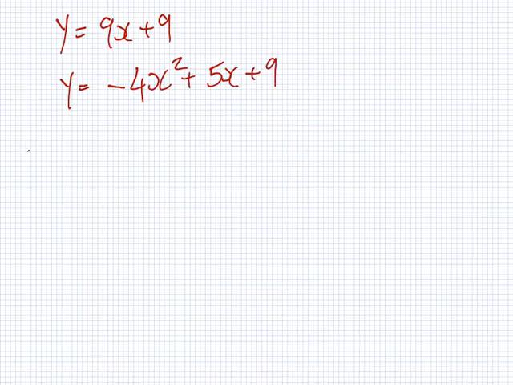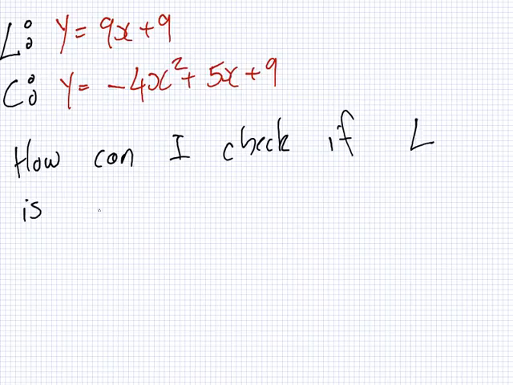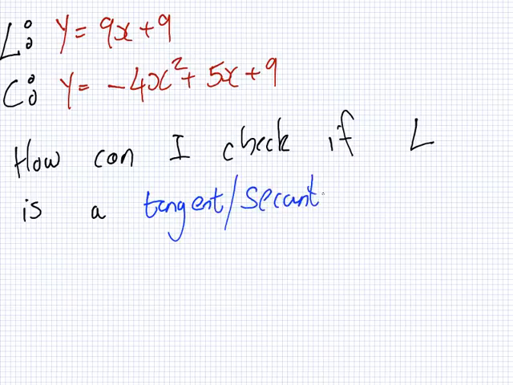Let's call this L, sorry, and we'll call this C. How can I check if L is a tangent or a secant for C? Or not, but I'll let you know that it's one of them.